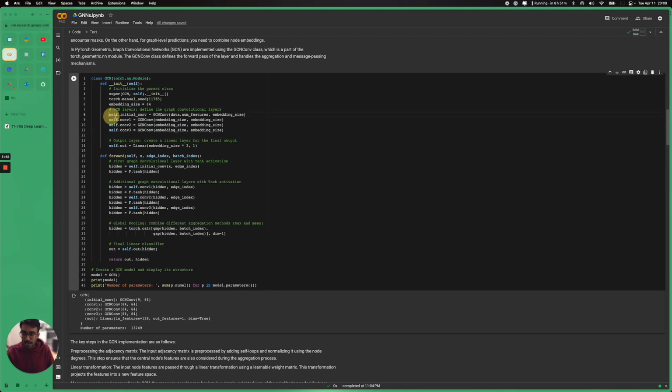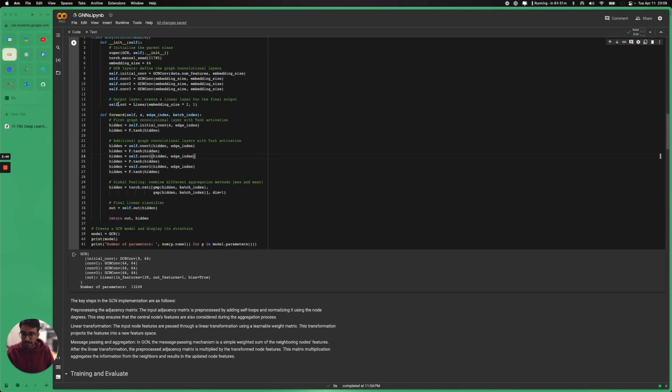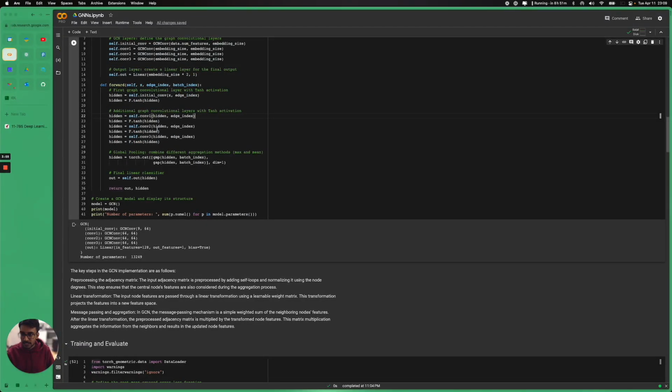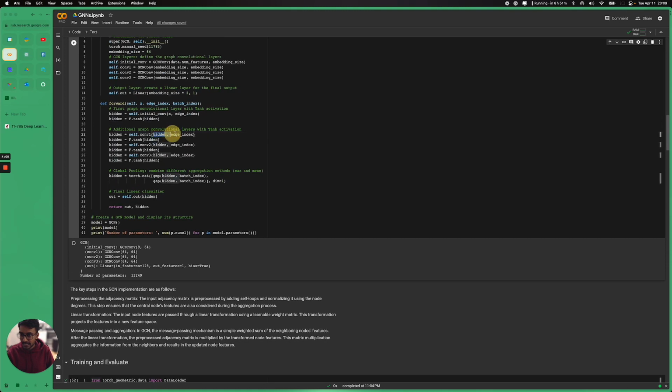So right here you have a bunch of convolution layers with the embedding size being 64, and then you have a final linear layer. In the forward function, we take in the edge index and the batch index. We do the initial convolution with a tanh activation first. Obviously, for the convolution to happen, you need to take in the edge indices for that specific graph, because that's how you aggregate information around all the edges that the input node is connected to.